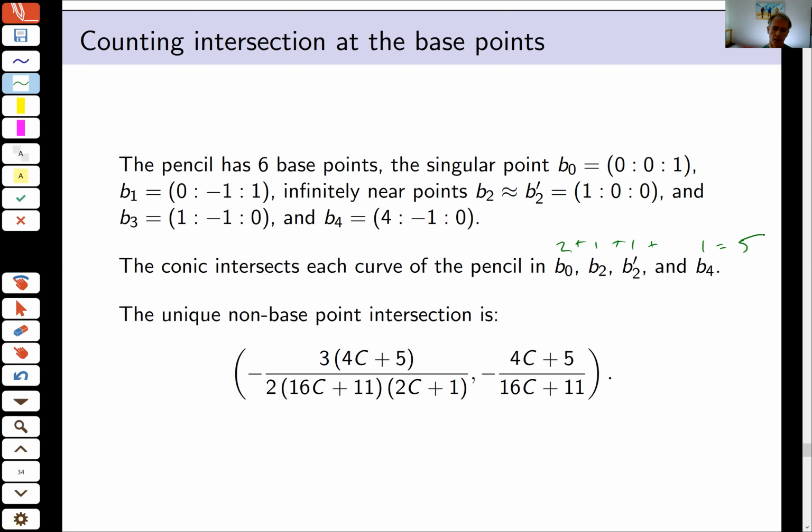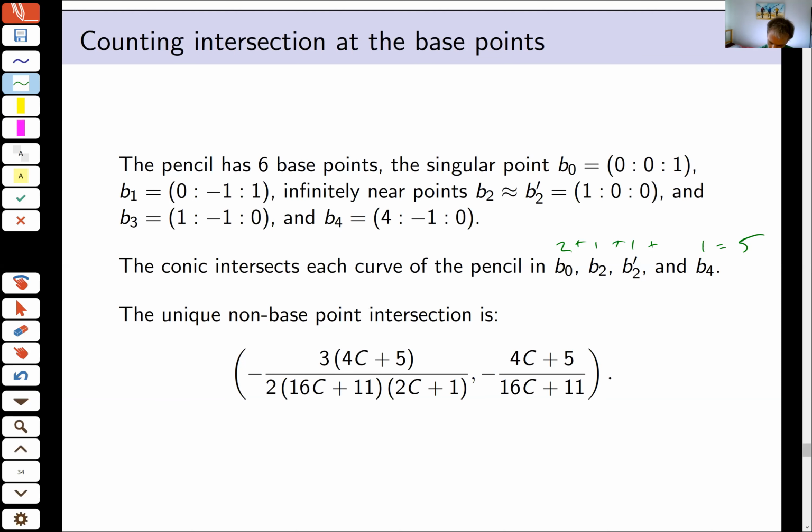This point C is the parameter that selects the curve in the pencil. And in terms of that parameter, you can calculate that unique non-base point intersection. And if you calculate the involution defined by the Manin involution, taking this as your involution point, then you get exactly the second involution in the decomposition of this map gamma.